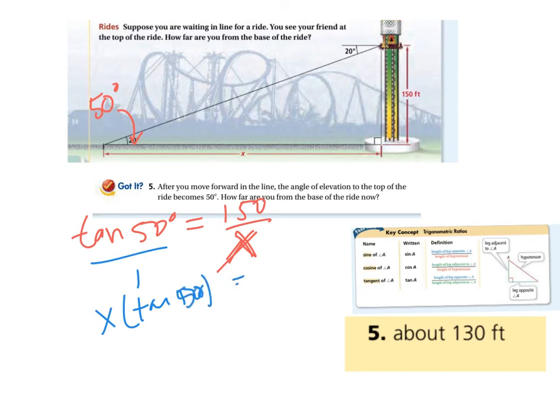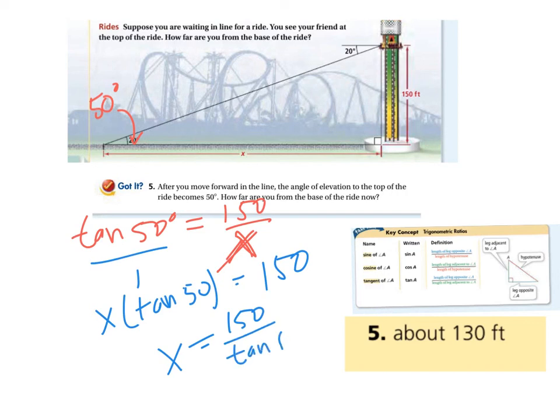You know what, I need to make that look a little bit nicer. Try to write on these things. x times tan of 50 equals 150. So in other words, if I divide both sides by tan of 50, x is 150 divided by the tangent of 50. And you can put that into your calculator. Literally put in 150, division sign, and then tan 50, end parentheses.